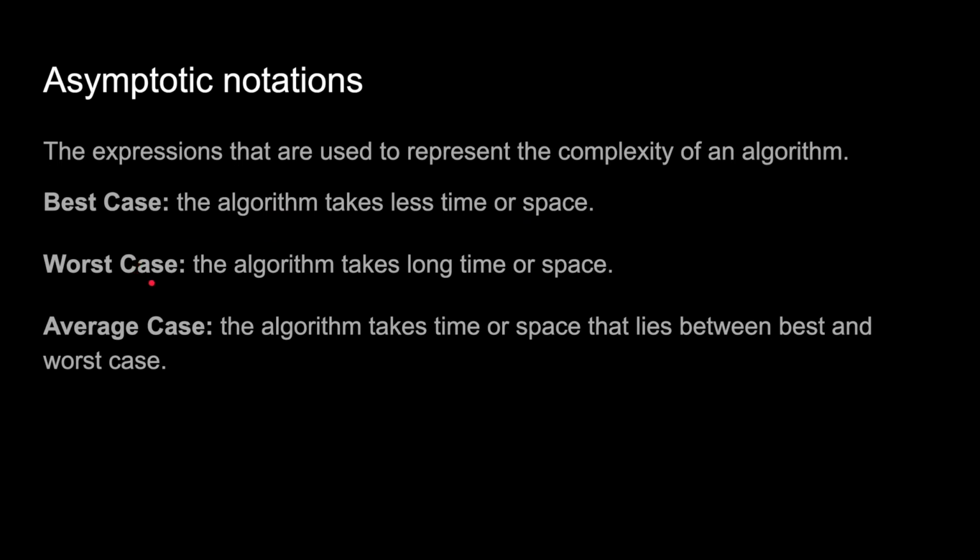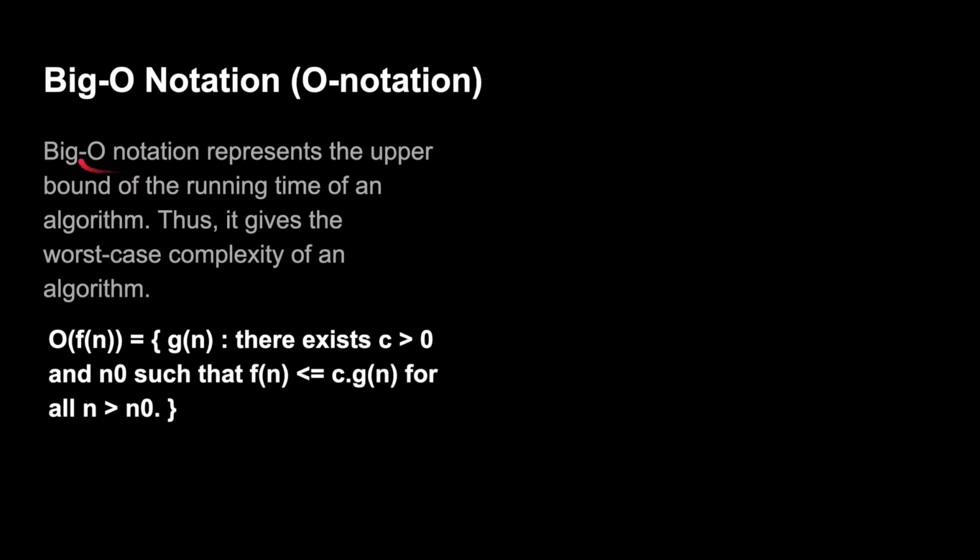In the worst case, the algorithm takes longer or more time or space. In the average case, the algorithm takes the time or space that lies between the best case and the worst case.